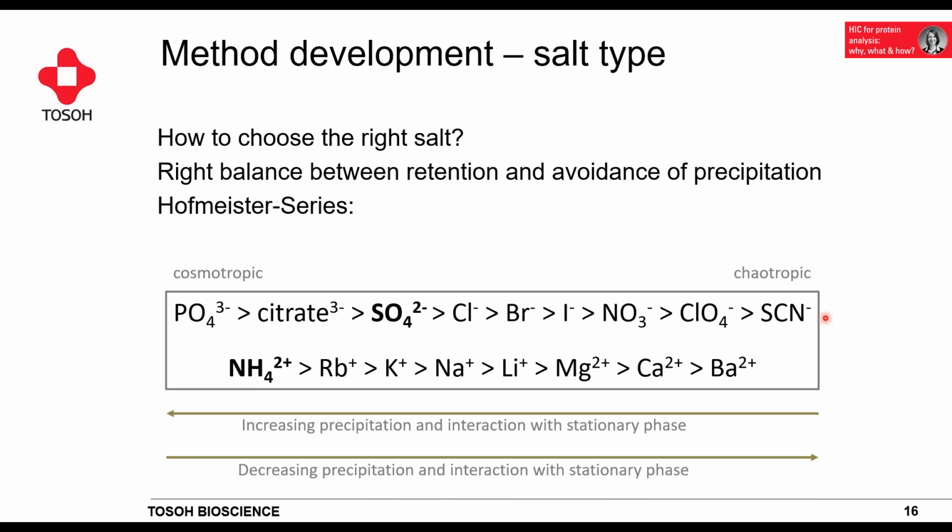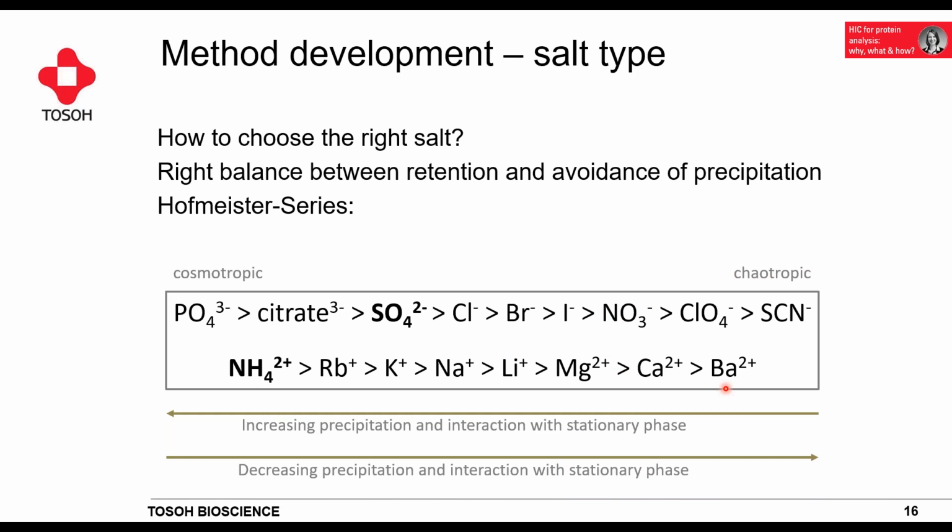On the other hand, if we use rather chaotropic salts, this decreases the precipitation and the interaction with the stationary phase, which is, again, if you have something that basically sticks to the column, rather think of choosing something in this region.